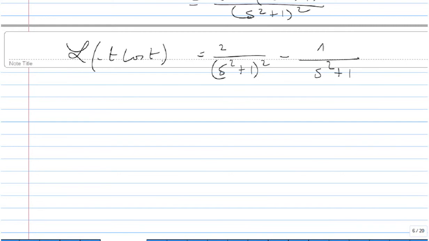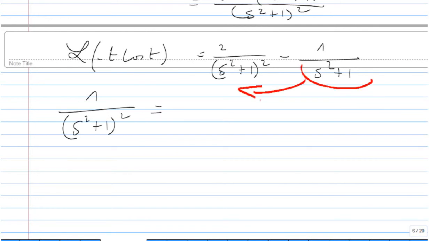So the one that we had is 1 over s squared plus 1 squared. I'm going to take this term to the other side. So this is 1/2, because I don't have the 2, times 1 over s squared plus 1 plus the Laplace of minus t cosine t.